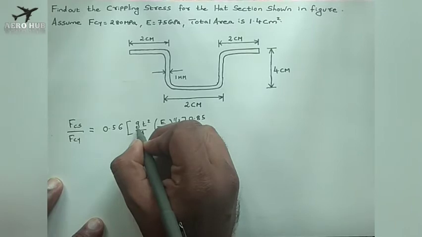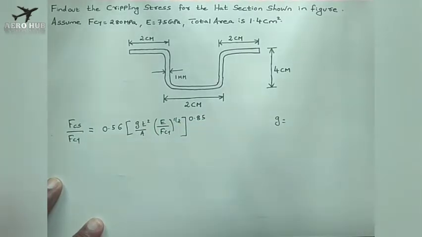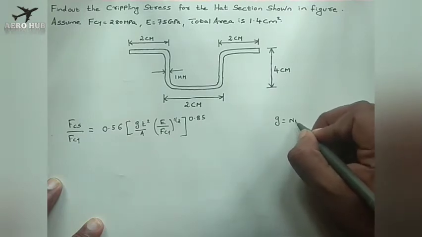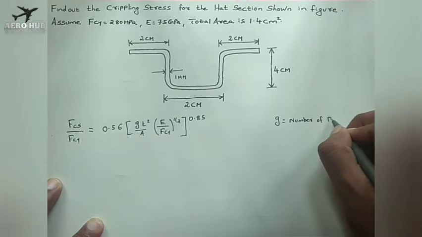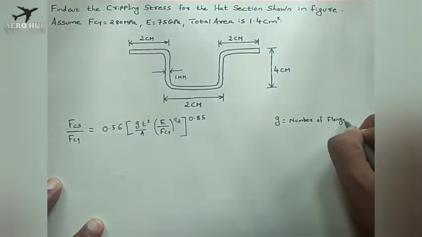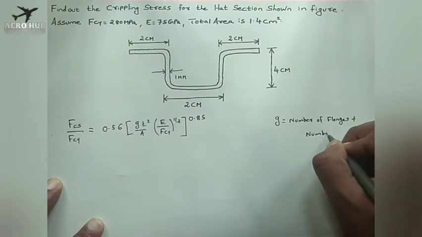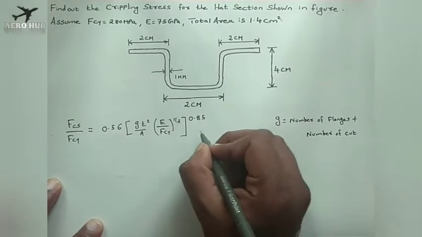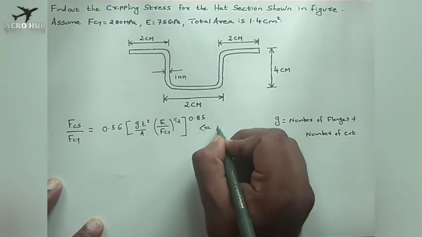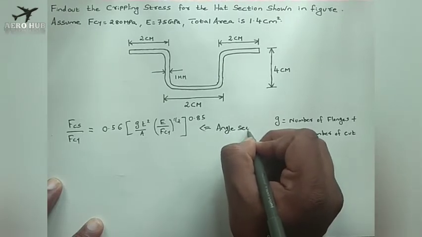Okay, we have to find out the value of G. G is nothing but the number of flanges plus the number of cuts. We did this in the previous lecture, and this equation is for an angle section.